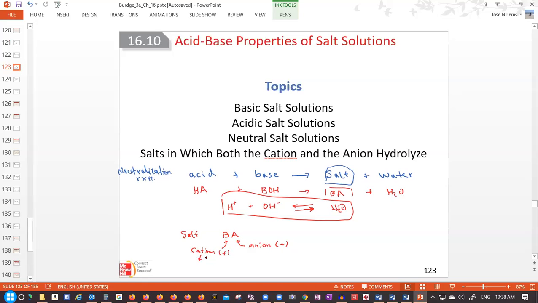Cations from the salt come from the base. The anion of the salt comes from the acid.